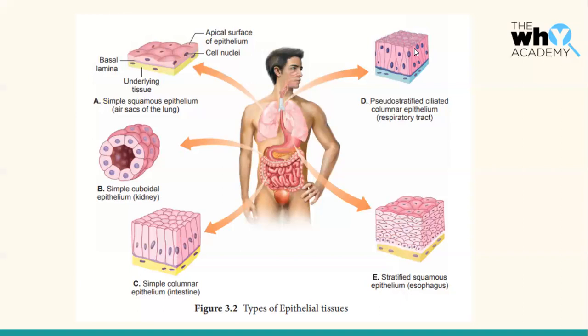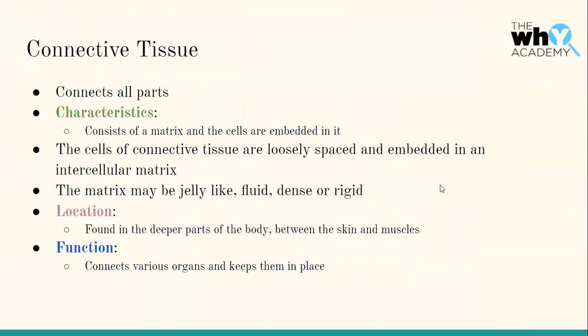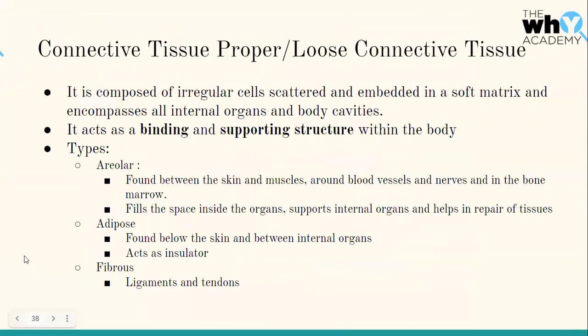Diagram wise, they ask you to draw simple diagrams of either cuboidal or columnar. I've seen those two coming a lot, because they look similar, so they like to keep asking which is which. A simple diagram is good enough. You can refer to your NCERT for that, or you can draw the one from here also.